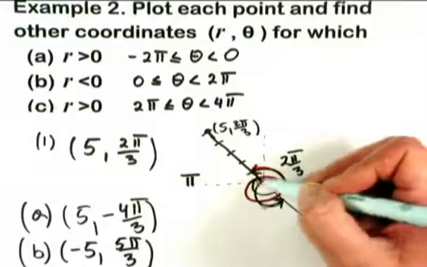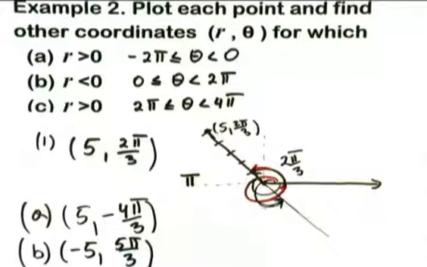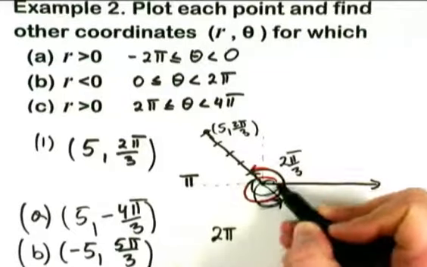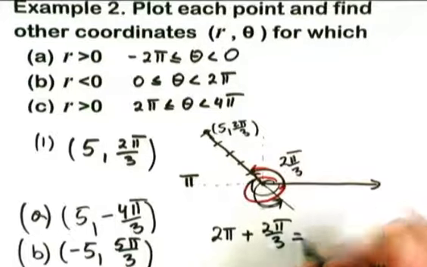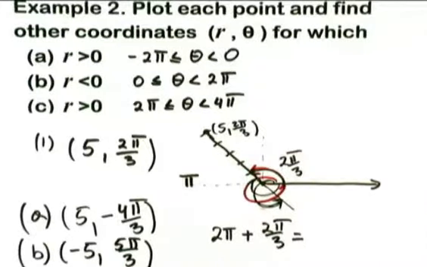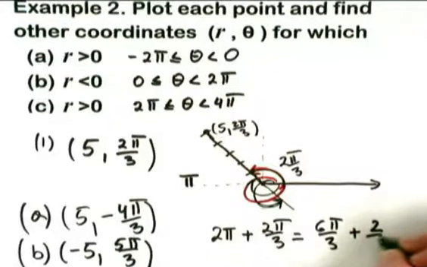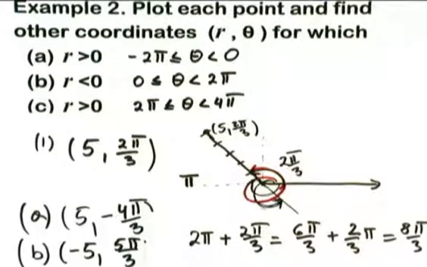So one full rotation is 2 pi, and then this pi over 3. To find this angle, we need to go 2 pi, and then plus pi over 3. 2 pi in terms of thirds is 6 pi over 3, plus 2 over 3, 6 plus 2 is 8 pi over 3.